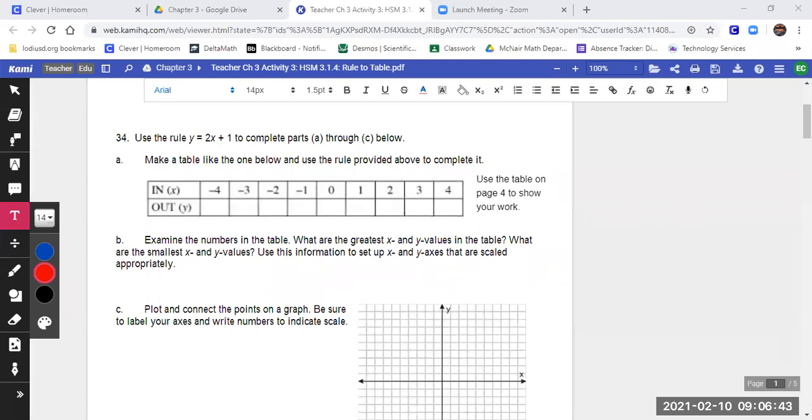Come on, Armani, get to the worksheet that you need to be on. Come on, Rihanna, get to the worksheet you need to be on. Come on, Kevin, get to the worksheet you need to be on.